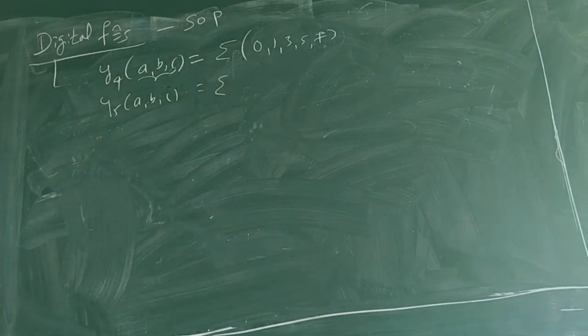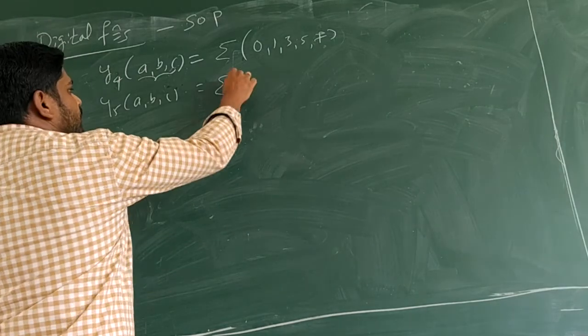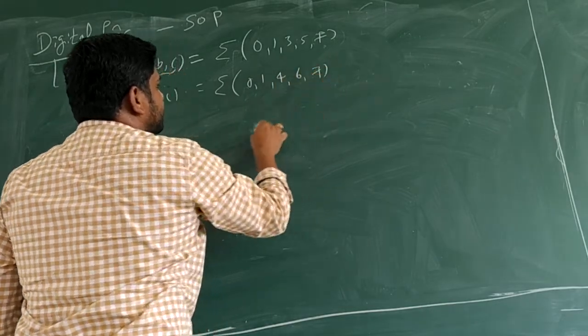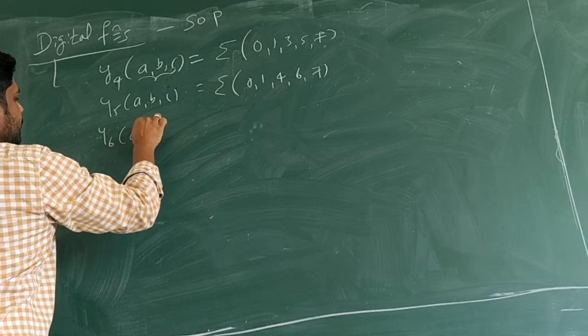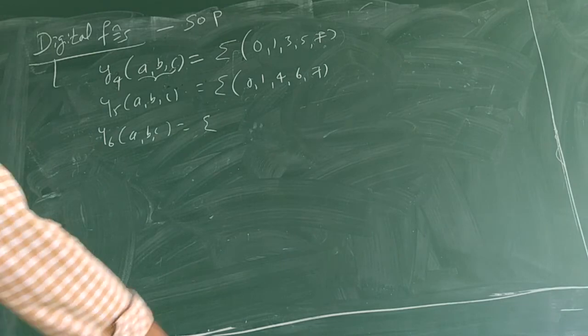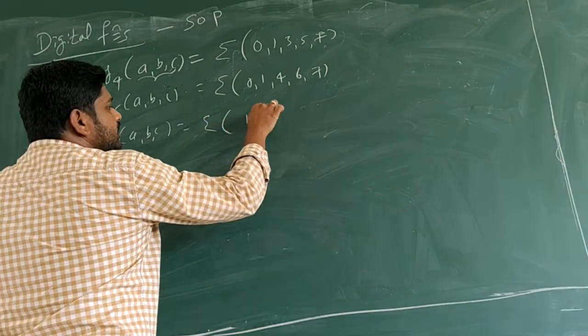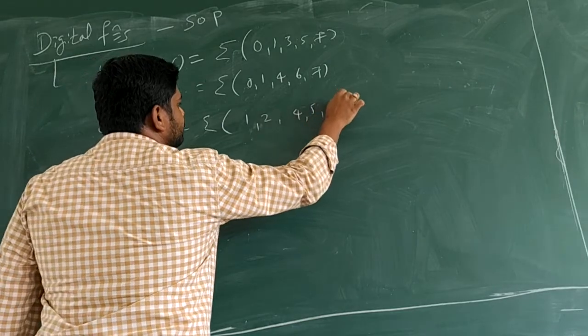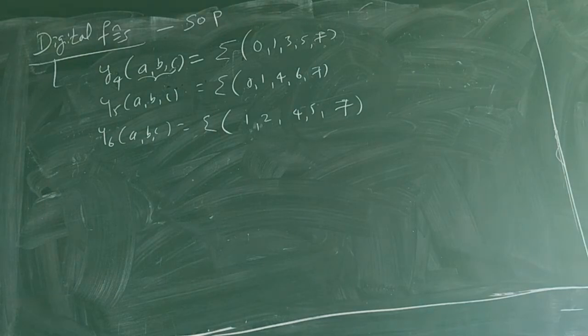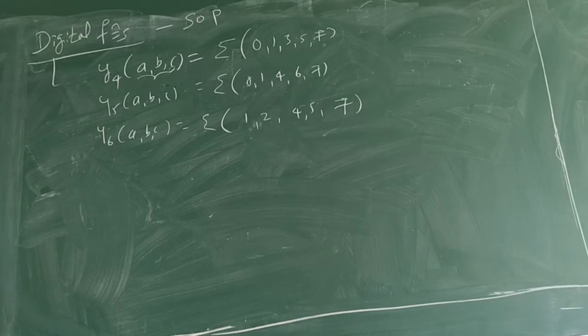It is summation or SOP for 0, 1, 4, 6, 7. y6 is a function of three variables A, B, C, and it is summation for 1, 2, 4, 5, and 7. Please make note of these functions and simplify using the previous method.